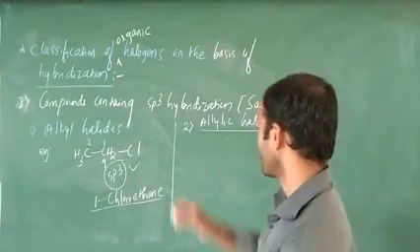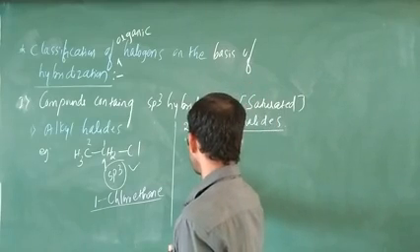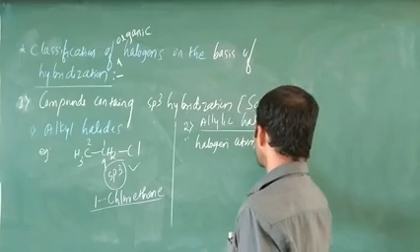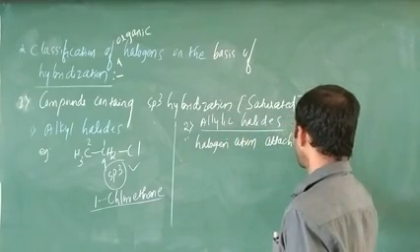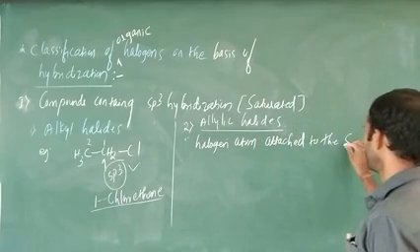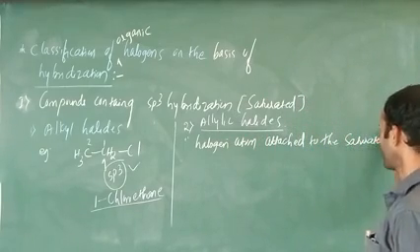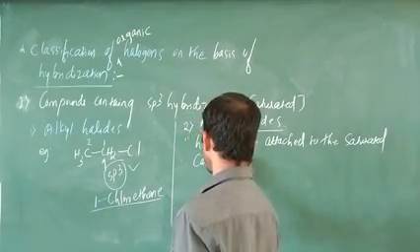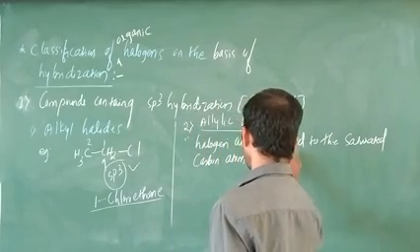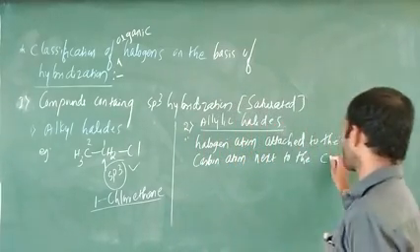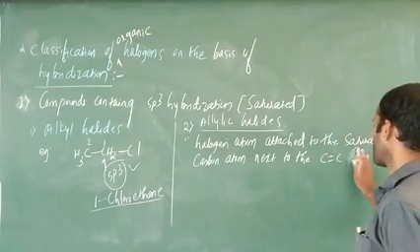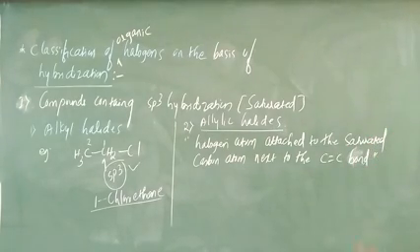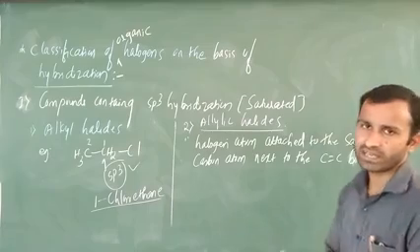Allylic halides. Definition: halogen atom attached to the saturated carbon atom next to the carbon double bond, or next to the saturated compound, that is called allylic halides.